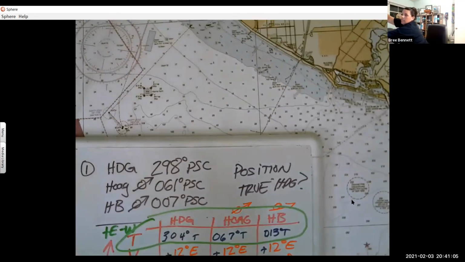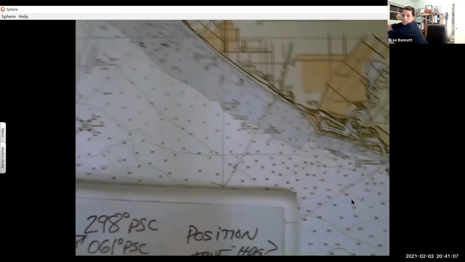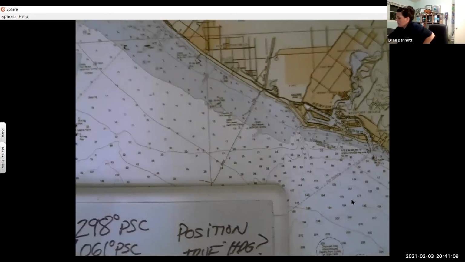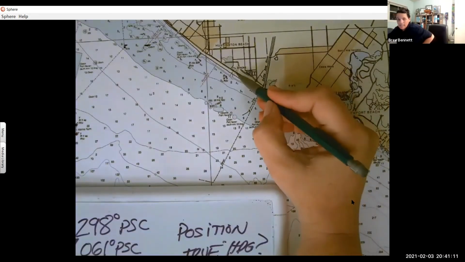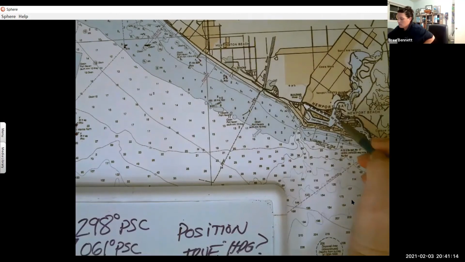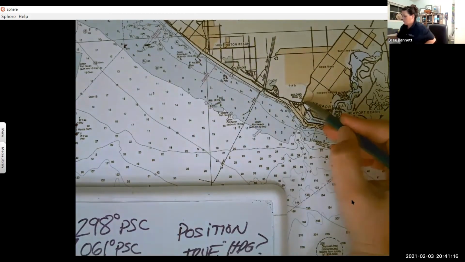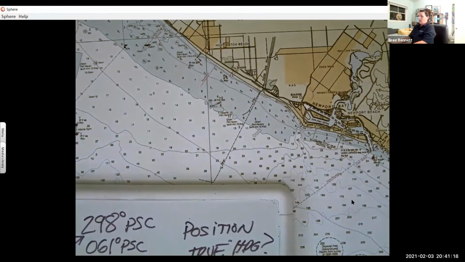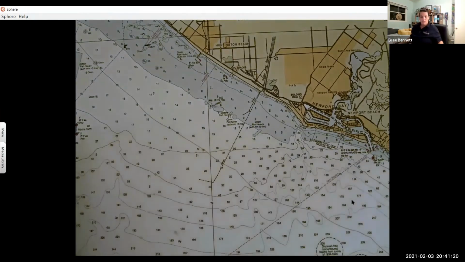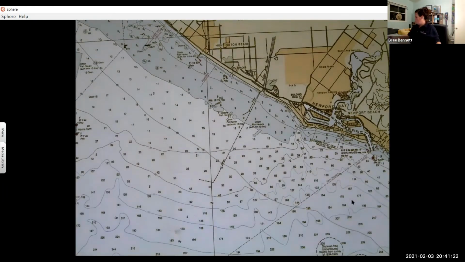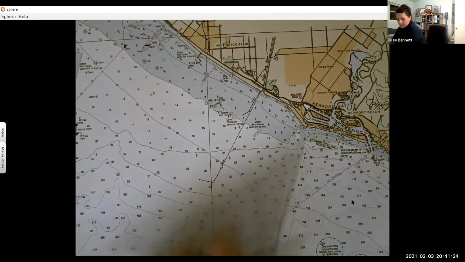Maybe I'll zoom in a little bit. So we have our stack and our Newport Hospital. So I'm going to go with the hospital. Hoag Hospital is bearing 067.